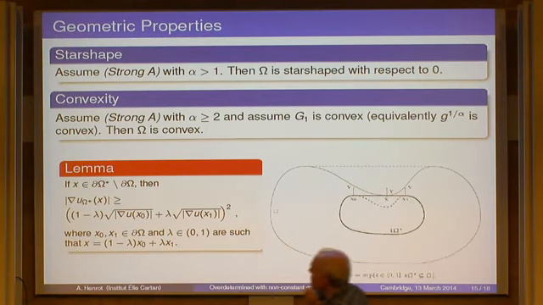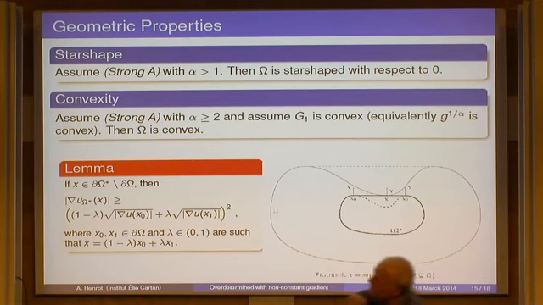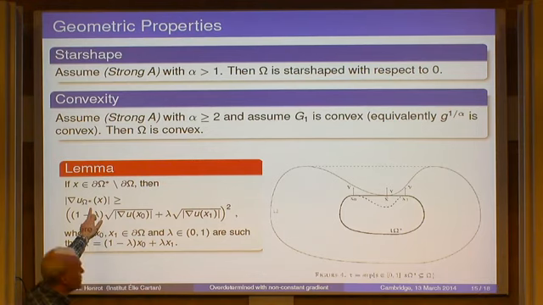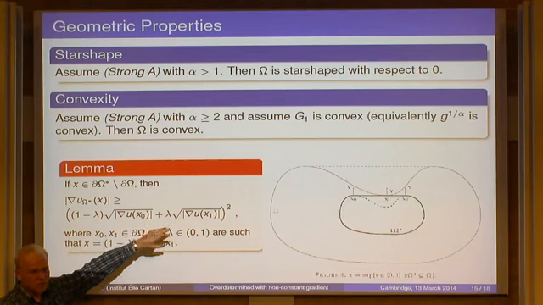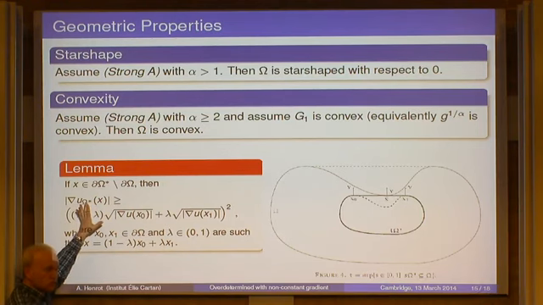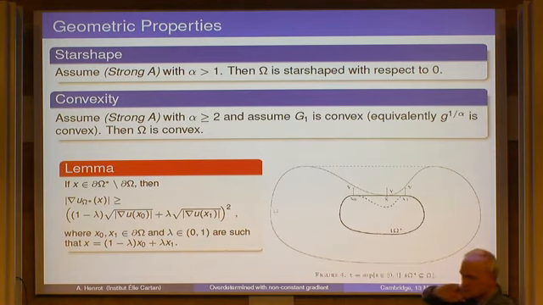And it turns out that you can compare the gradient of u omega star, the convex hull, at point x, with the gradient of u at points x0 and x1. You have this lemma, which is true for any domain and its convex hull. This is precisely due to the convexity property of the square root of u omega star.